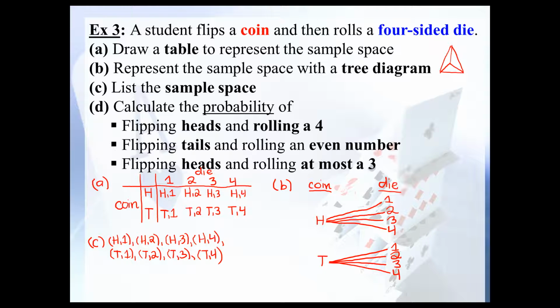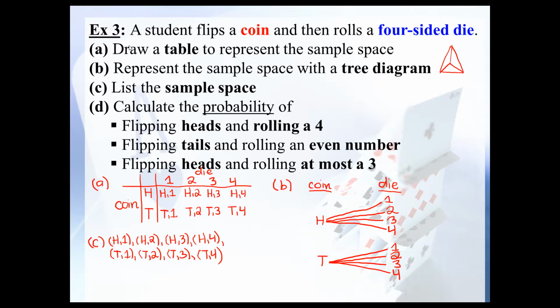So D says calculate the probability of flipping heads and then rolling a 4. Okay, so let's write down the equation first. I'm going to go into the next slide here because I've run out of space. Okay, so let's do D. We're going to say the probability of, and what are we doing again?